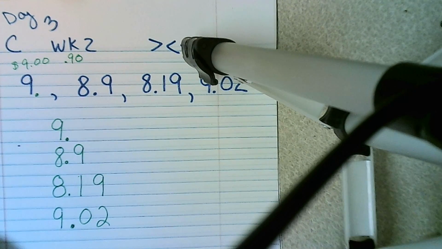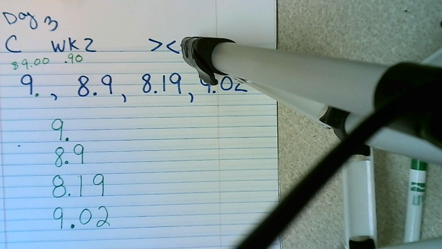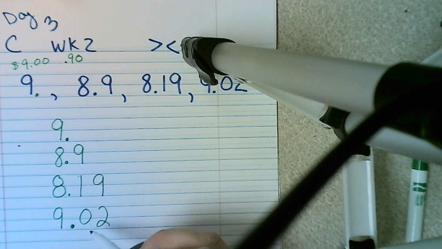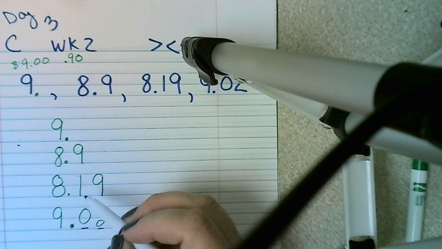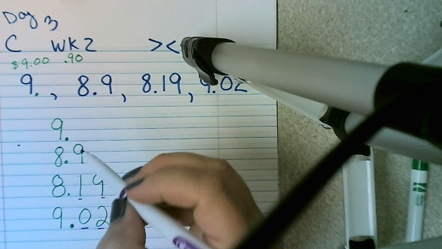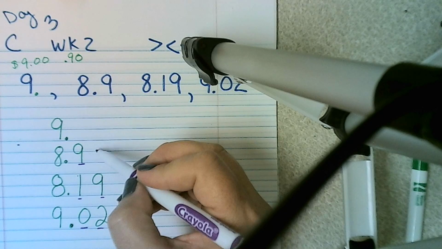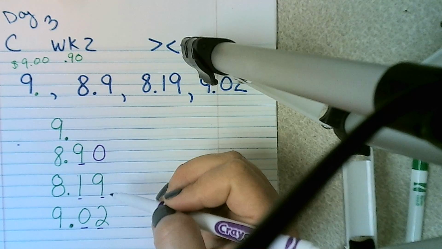Okay, so everything is nice and lined up in columns. Then I'm going to go back in and make everything have the same decimal spaces. So this one has tenths and hundredths. This one has tenths and hundredths. This one has tenths, so I'm going to give it a hundredths.